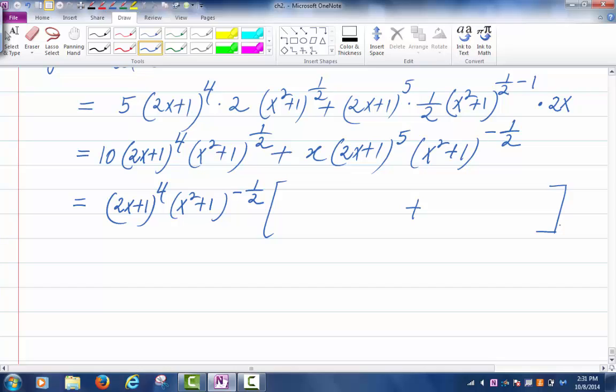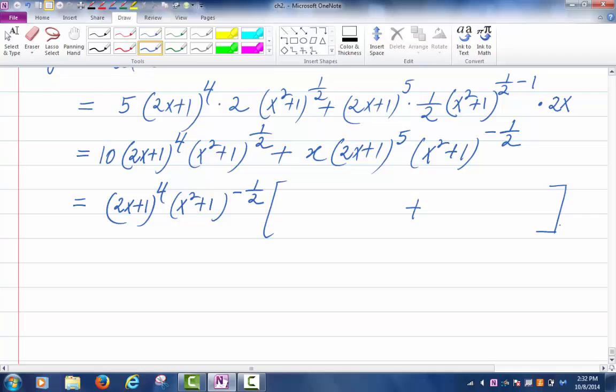What would be the first term? Well, I divide the first term by what I am factoring out. If you divide the first term by what you're factoring out, what do you get? This and this will cancel out, right?